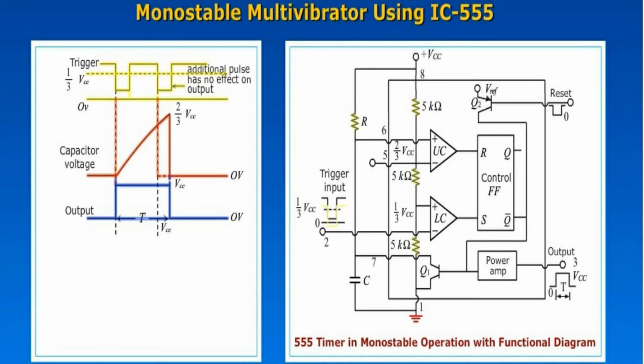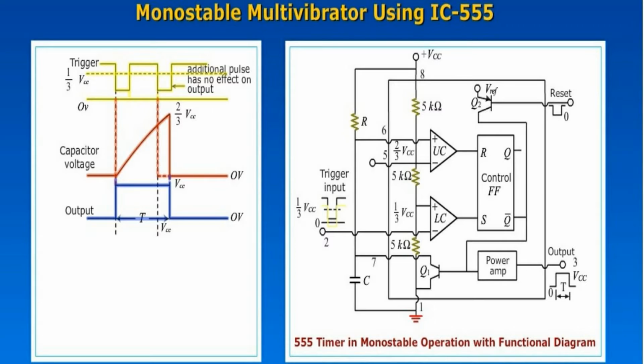Okay, now consider the quasi-stable condition. When a negative going trigger pulse is applied to the pin 2 of the monostable multivibrator, the voltage divider network supplies the bias voltage 1/3 VCC to the non-inverting terminal of the lower comparator.